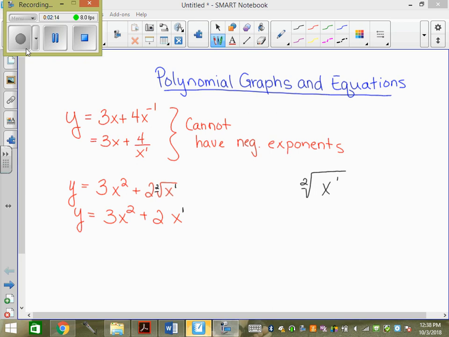So we had a 2, we had a 1. We just dropped that underneath, and it gave us x to the half. So if it was the cube root of x squared, that would give us x to the what? Take your 2, drop your radical index underneath, and you get a 3.